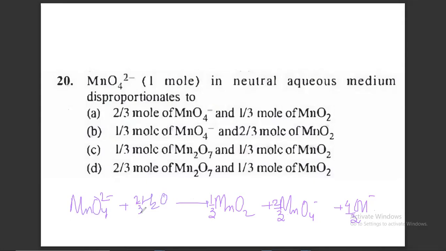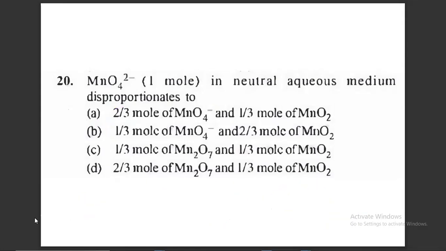So 2 by 3 moles of permanganate and 1 by 3 mole of MnO2 would be the answer for question number 20. For 1 mole of MnO4, the answer to question number 20 would be A. This much, 2 by third and 1 by third mole of these, are the two options given in option A. Moving on to question number 21.